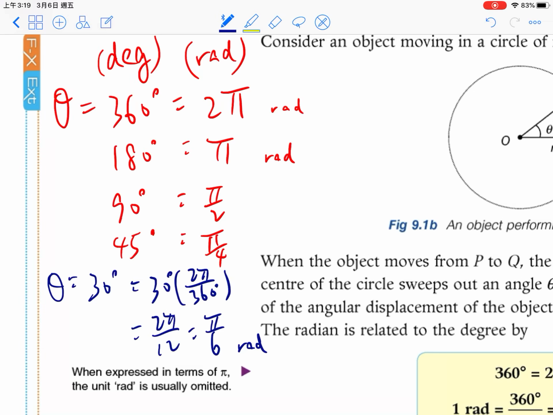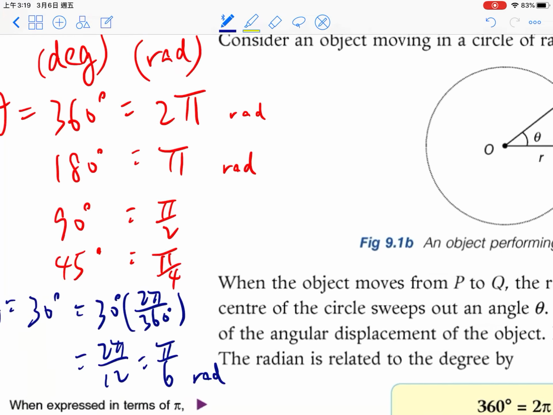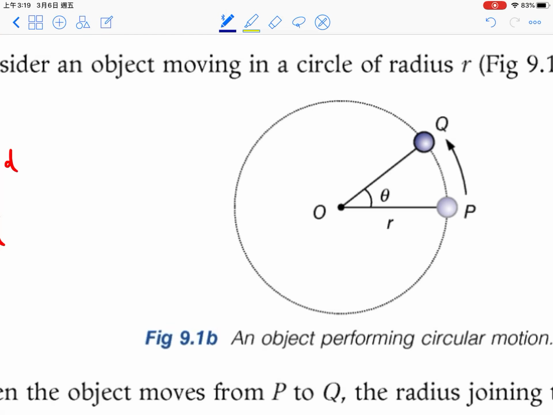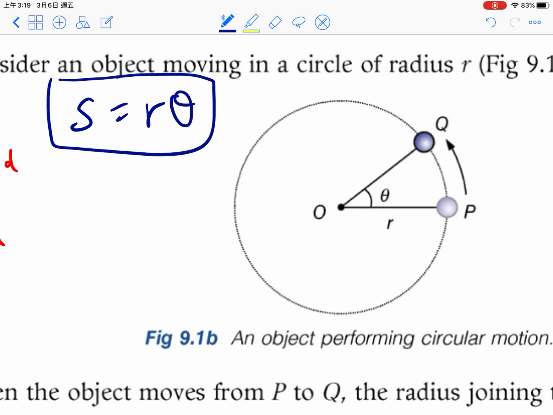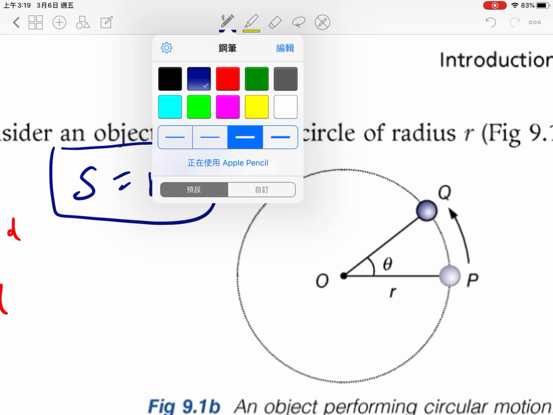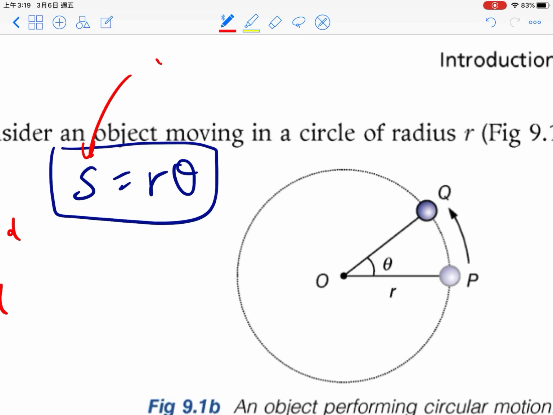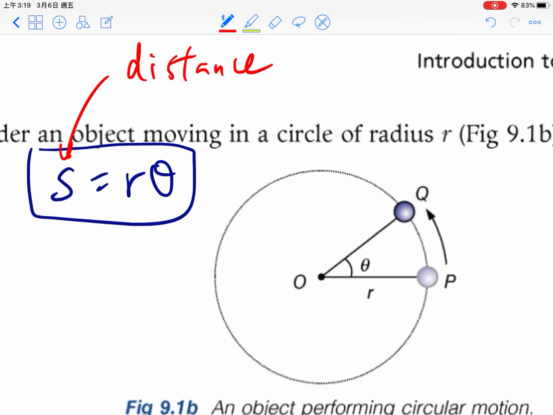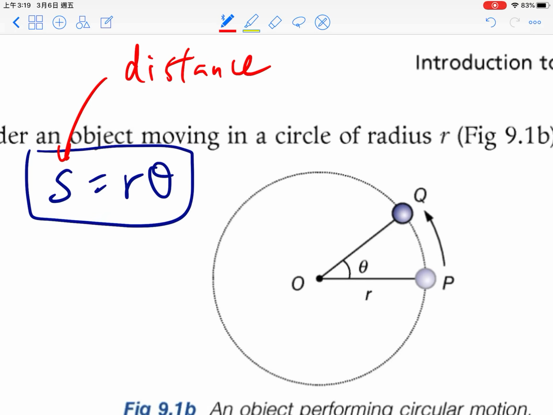But why do we need to know how to express the angle in radian? Because of one equation: s equals r theta. This is one important equation you have to memorize by yourself, not given in the public exam. s means the distance the object has traveled.